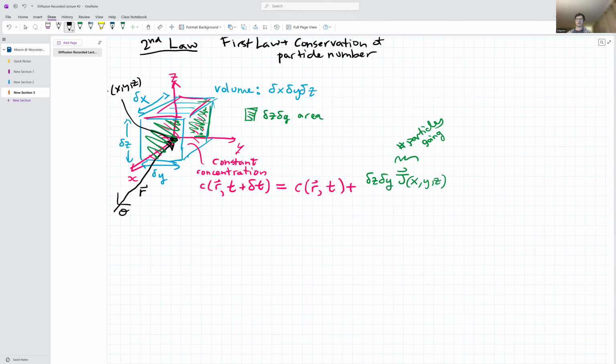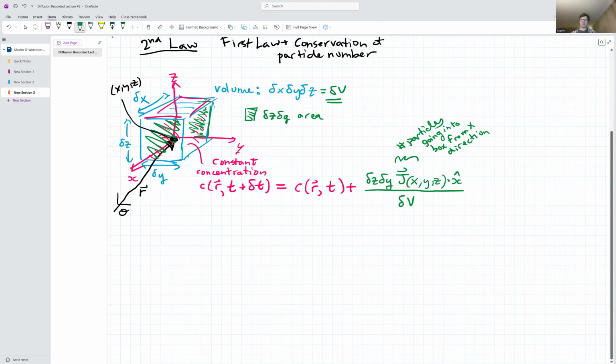If we evaluate the flux there and dot it into the x hat direction, that represents all the particles on that back wall that are going into the box from the x direction. And then since we need a concentration, we have to divide by the volume. Let me denote this delta V.